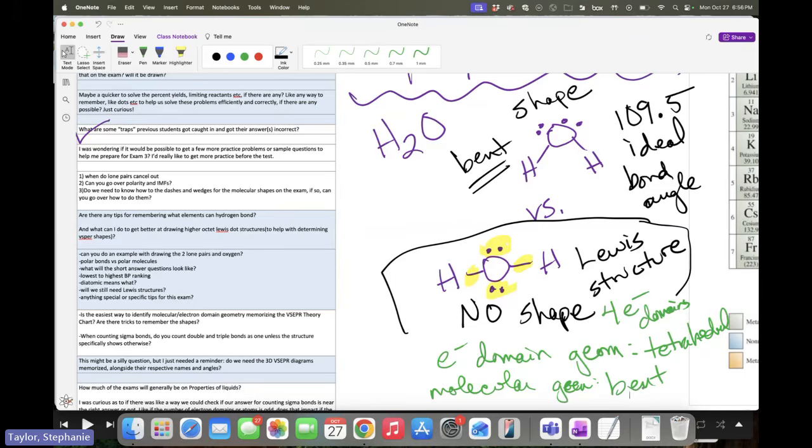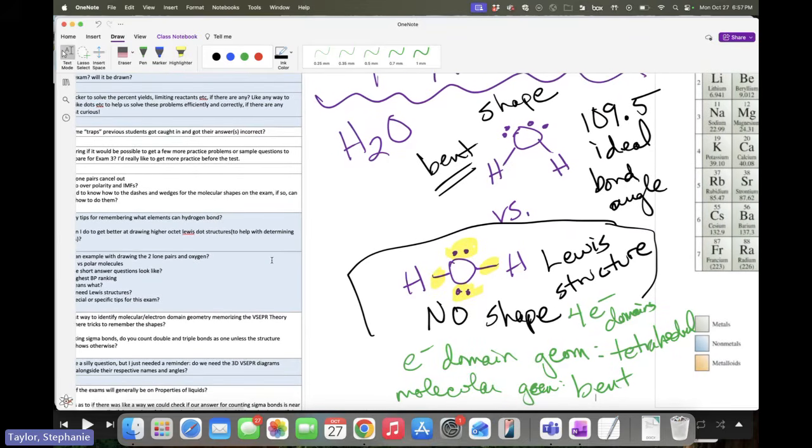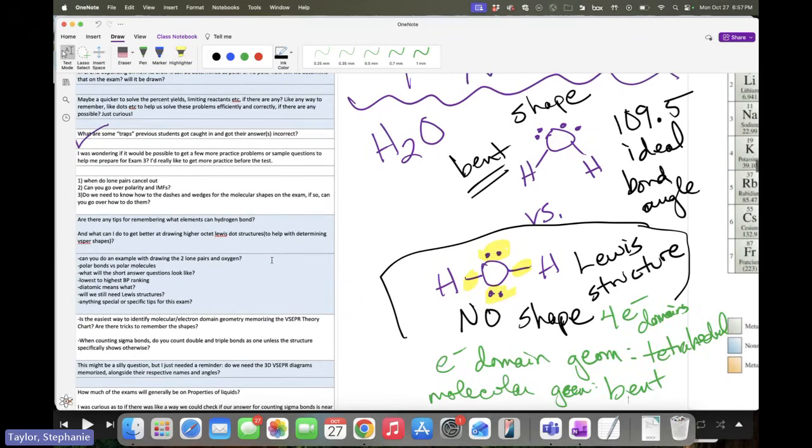That number of electron domains off of your Lewis structure will tell you what shape it is. Your drawing is going to be the best you can do, but you've got so much Lewis structure practice under your belt that sometimes your Lewis structure just doesn't have any shape information. So it's a good thing to keep in mind that your Lewis structures do not naturally have shape information in them. And that's okay.